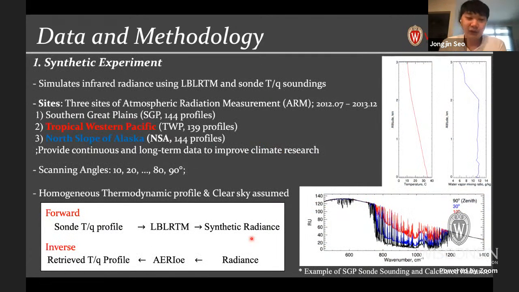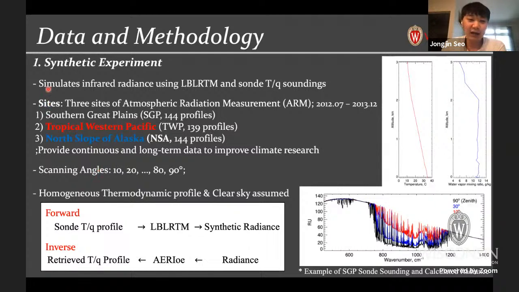And also we have two data sets. The first data set, we call it the synthetic experiment. So we simulated the infrared radiance using line-by-line radiative transfer models and sonde TQ soundings.